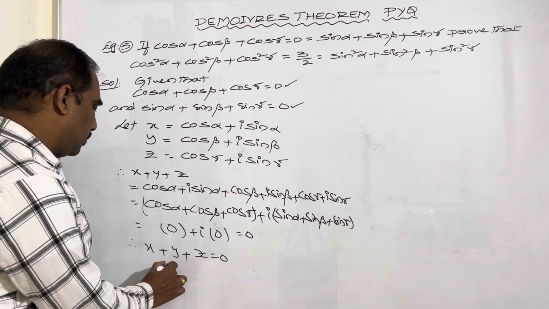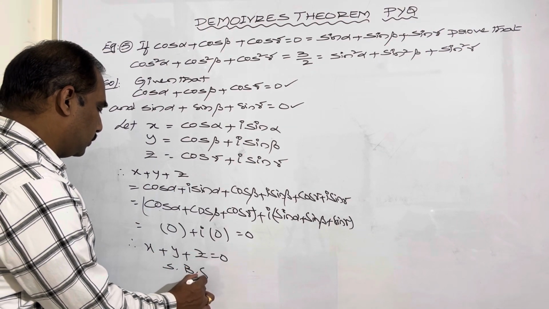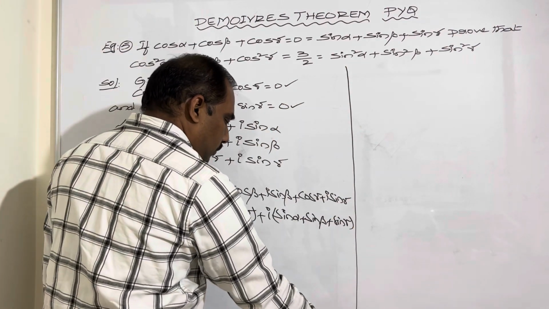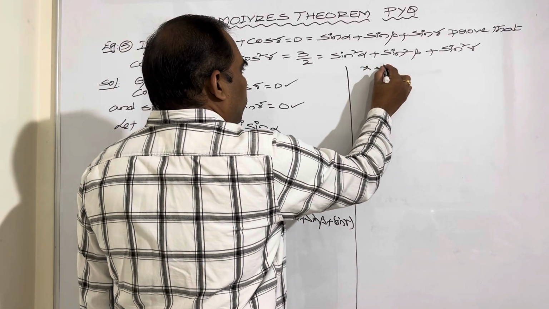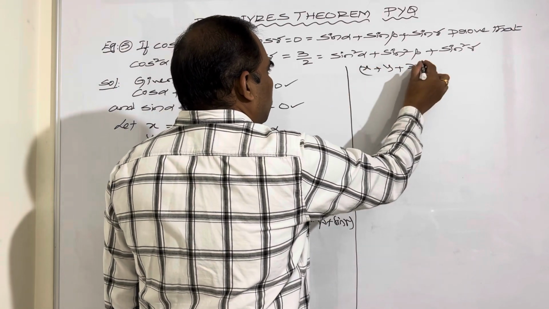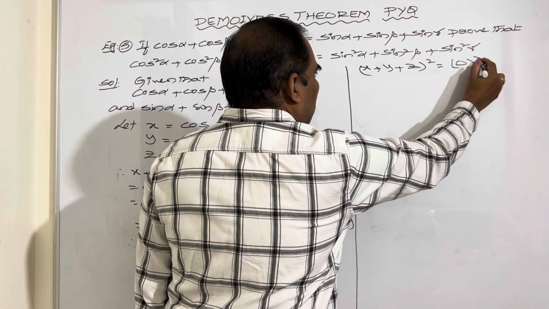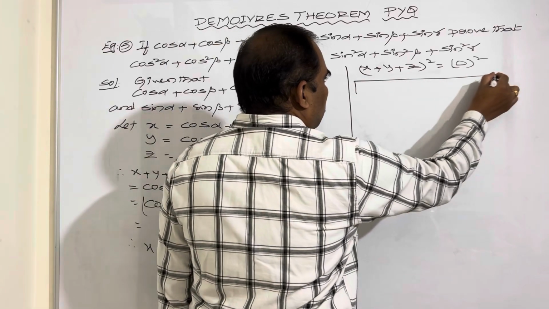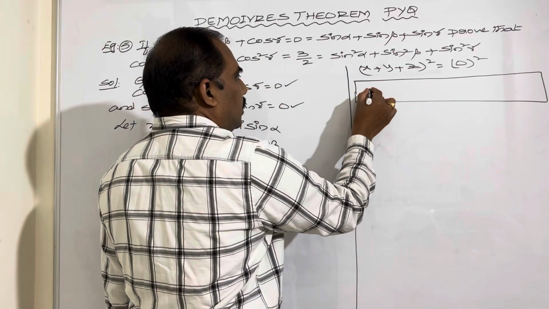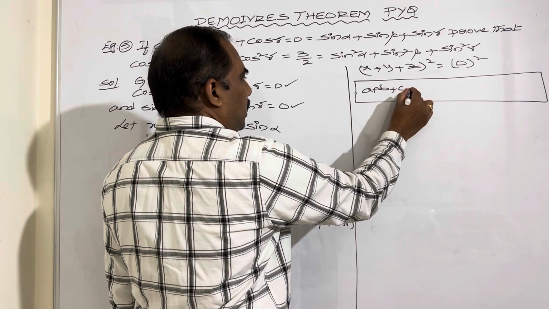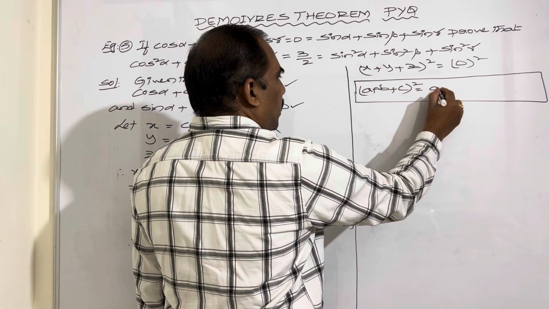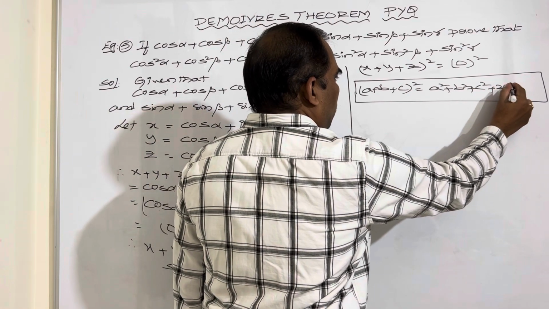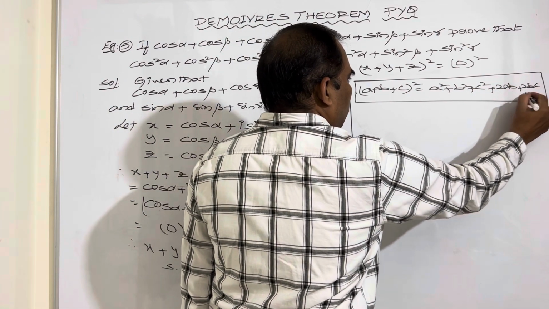Then squaring on both sides, we get x plus y plus z whole square is equal to 0 square. This is like a plus b plus c whole square. What is the formula? a plus b plus c whole square is equal to a square plus b square plus c square plus 2ab plus 2bc plus 2ca.